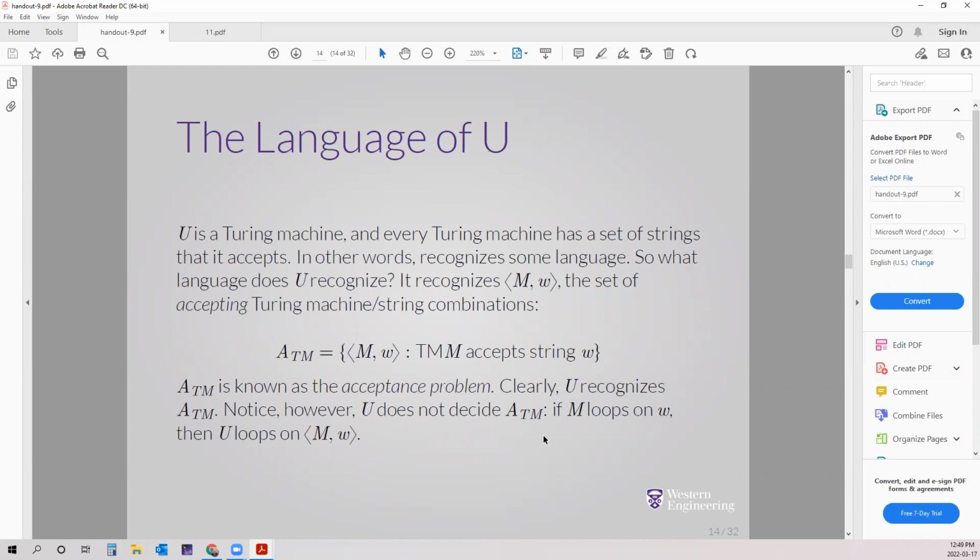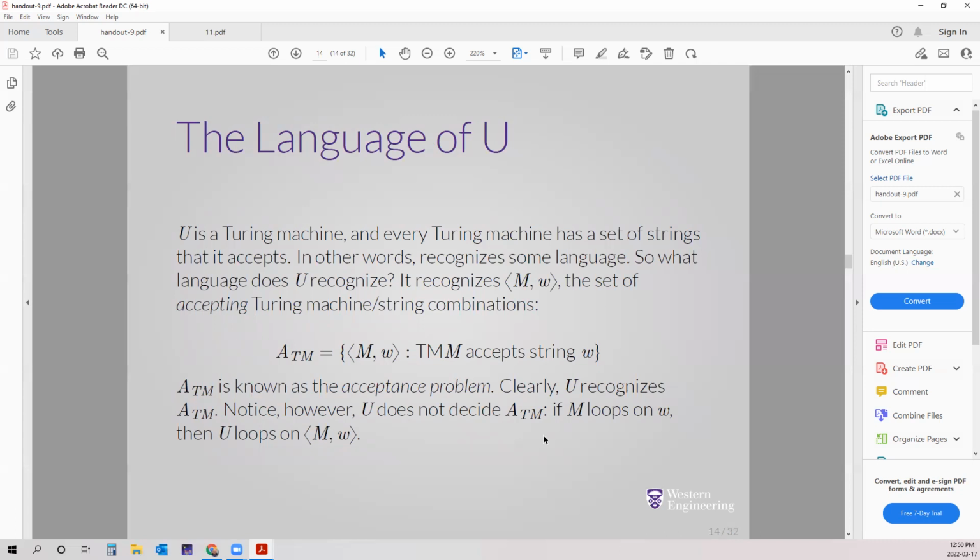In other words, if we are saying U recognizes a language, what language does U recognize? You remember when we talked about recognizable and decidable? It recognizes ⟨M, W⟩, the set of accepting Turing machine and string combinations. So we have a Turing machine and the string combination all together. So ATM will take the combination of M and W, such that TM M accepts the string W.